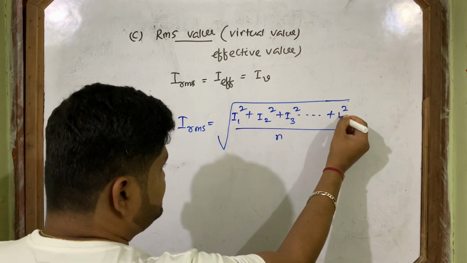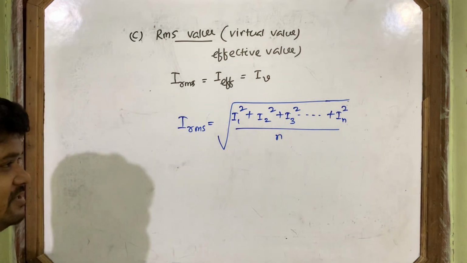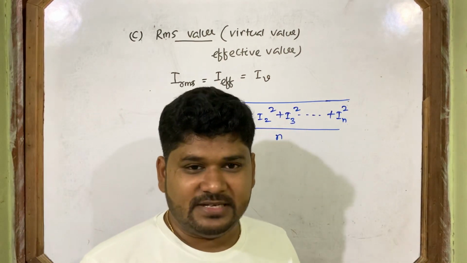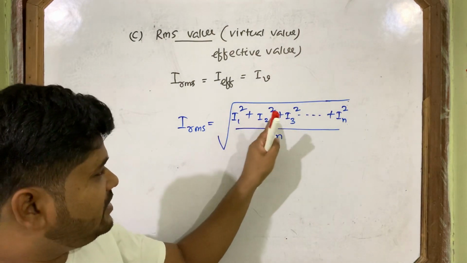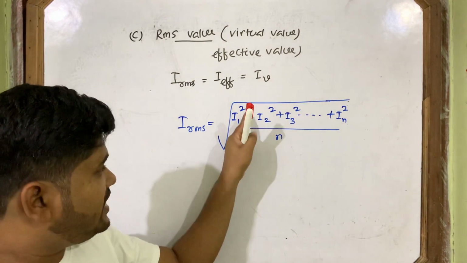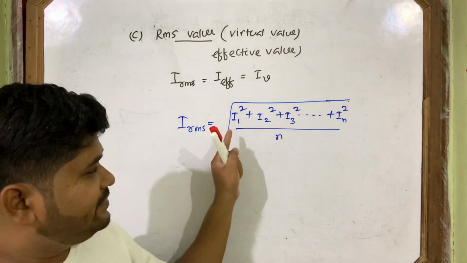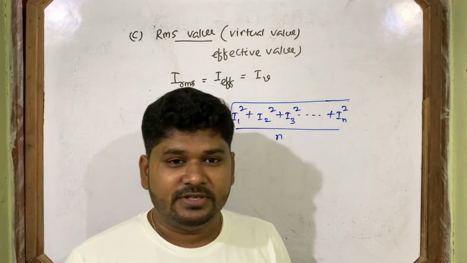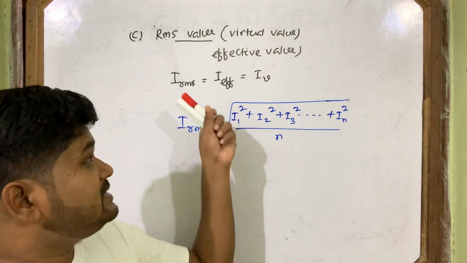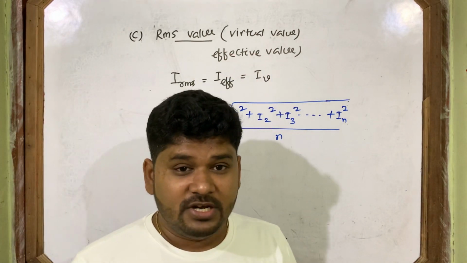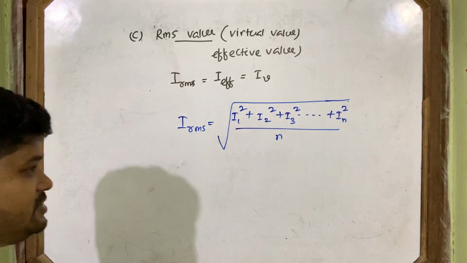Different instantaneous values. This is the complete definition now. The square root of mean of squares of different instantaneous values is called the RMS value of alternating current, or virtual value of alternating current.